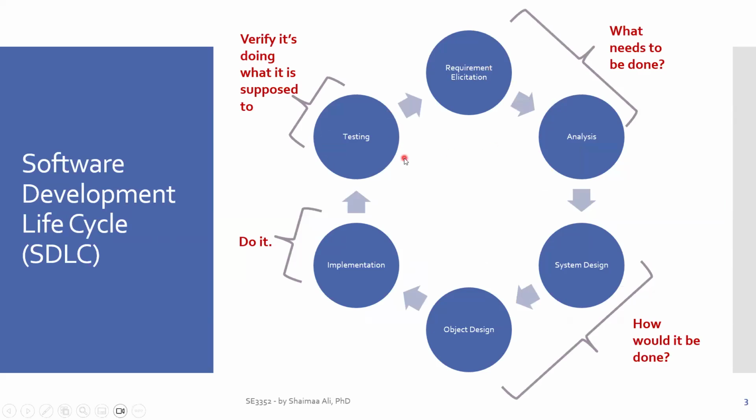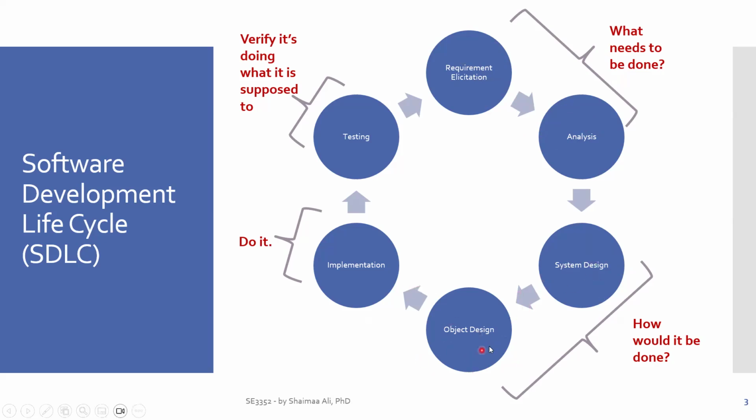So the general activities in the software development lifecycle involve some activities that would aim at figuring out what needs to be done. Okay, so these are requirement elicitation and analysis. This is what we've been talking about so far in the course. And there are some activities in which we plan how we are going to implement the system.